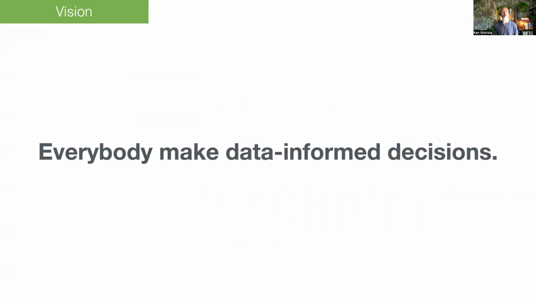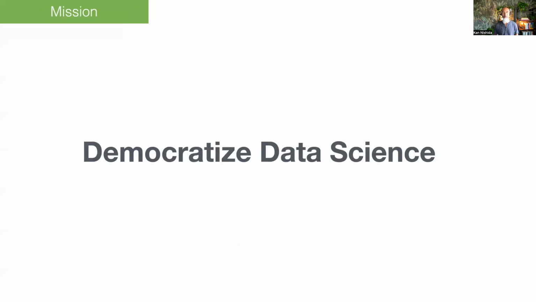This shouldn't be only for certain types of people, let's say statisticians. In this data world we live in, anybody should be able to do this. So in order to make this happen, our mission is to democratize data science so that anybody can access these amazing methods and technology, and then they can understand their own data.